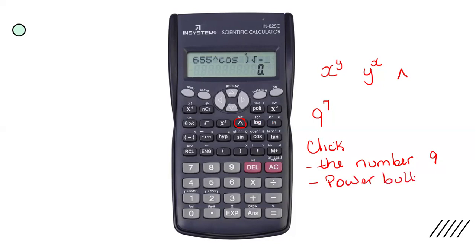Again, depending on your calculator, you might have this symbol, or this symbol. Once you've clicked that, you then click the exponent, in this case 7. And finally, you click the equal sign.